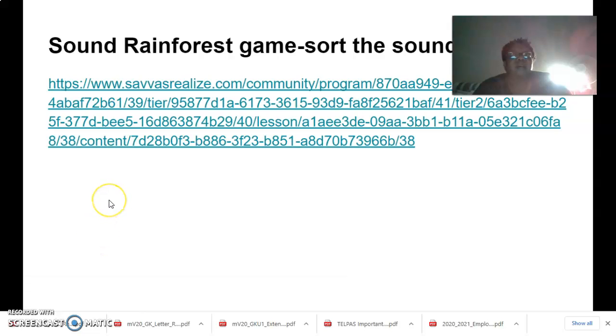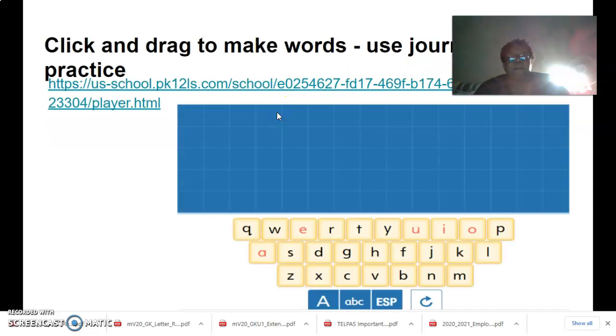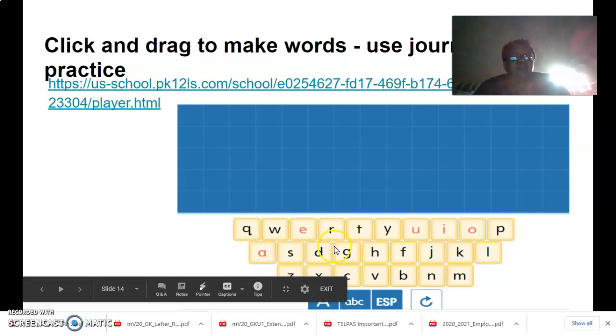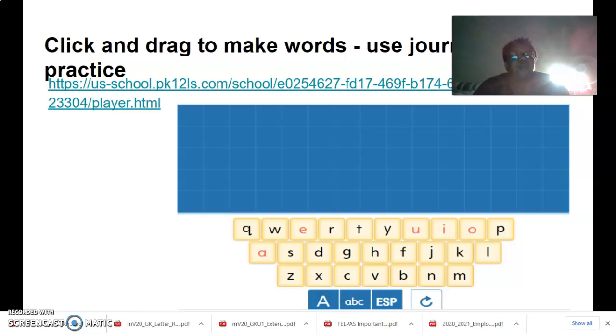And we have our sound rainforest game, sort the sounds. Then we have a little keyboard that they can use to move and make the words. And I've added a list that I'll show you of CVC words that they can use to sound out words.